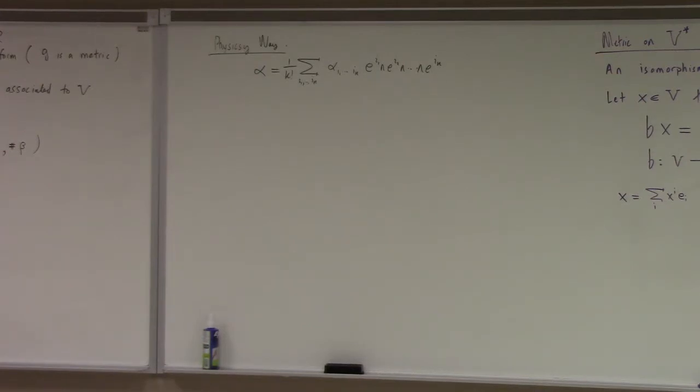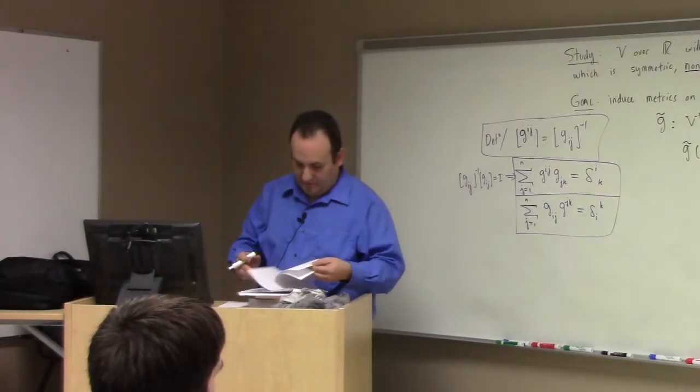I'm mainly wondering whether I'm supposed to have a wedge product there and not a tensor product. Pretty sure I want it to be wedge.